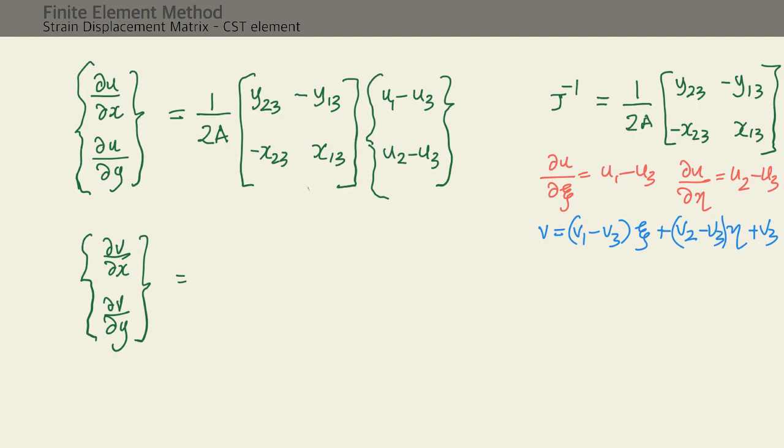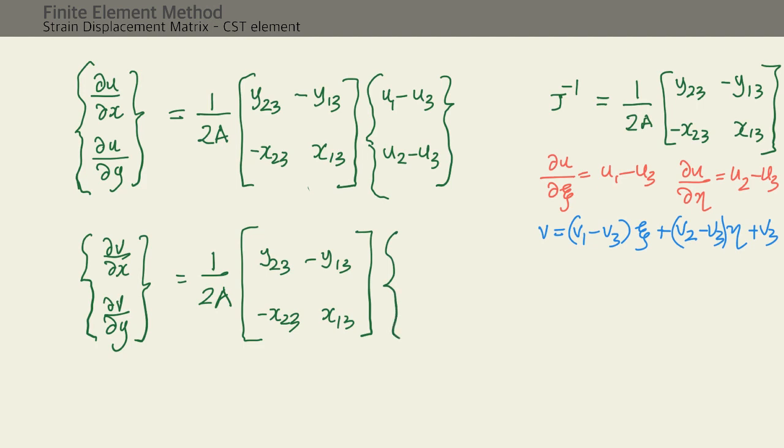This would be equal to again 1 by 2a into [y23, −y13; −x23, x13] into, instead of u1 minus u3, here it would be v1 minus v3, and the second term would be v2 minus v3. I'll number this as equation 1 and equation 2.